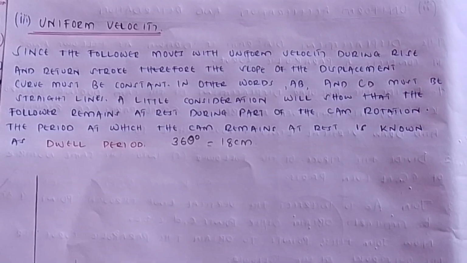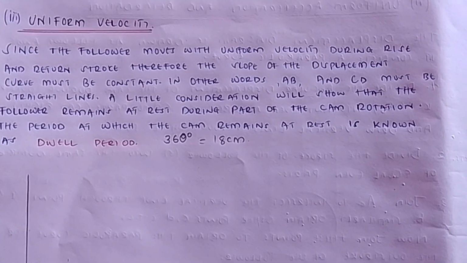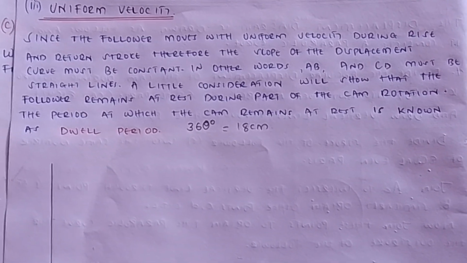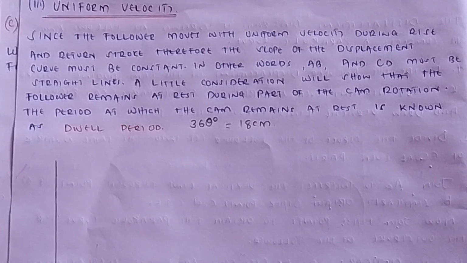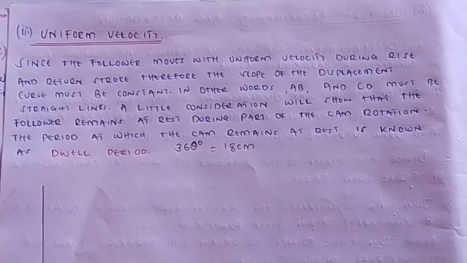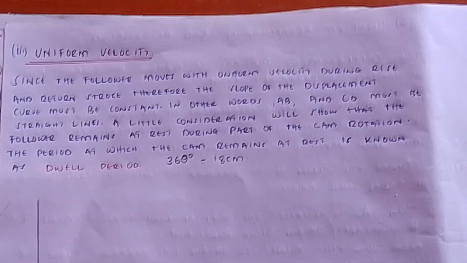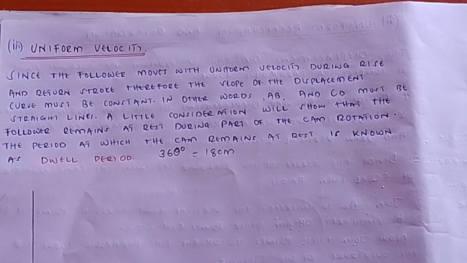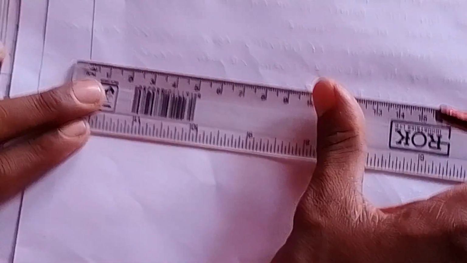Remember, in the question you'll be given the value of the outstroke, which is always in degrees. You'll also be given the value of the dwell in degrees, and the value of the return stroke in degrees. So what am I supposed to do? I'm supposed to convert these degrees into centimeters so that I can display them using a graph like this.